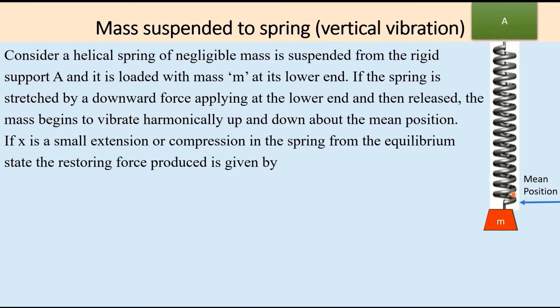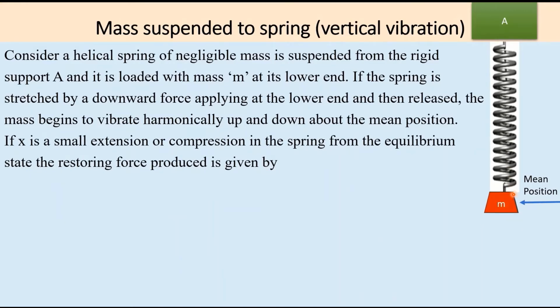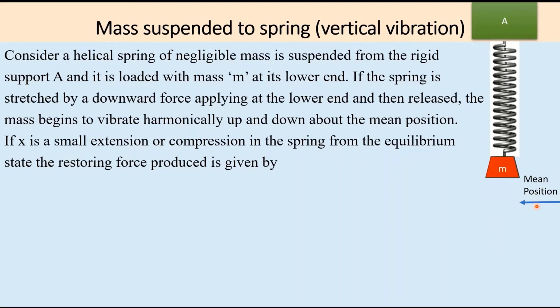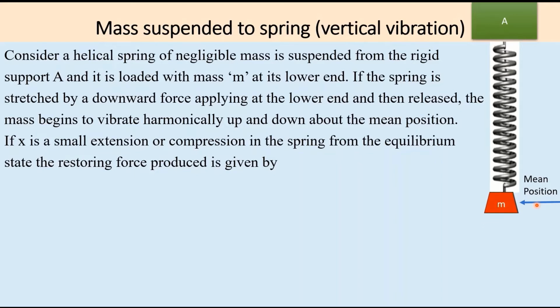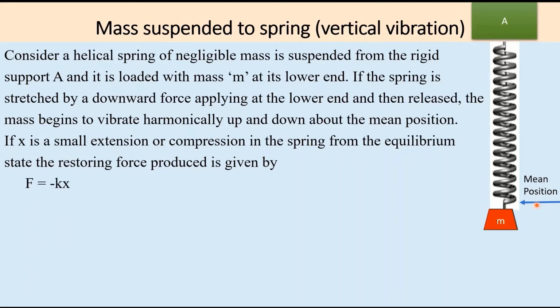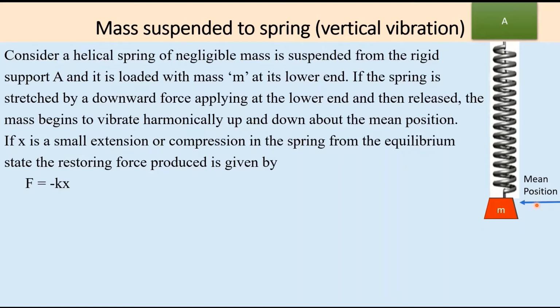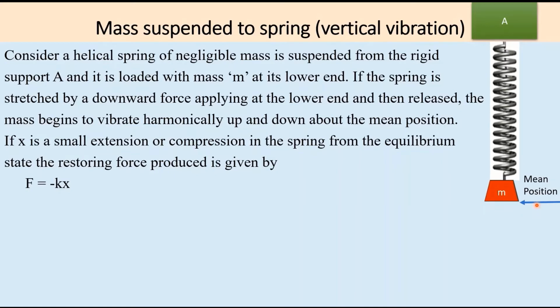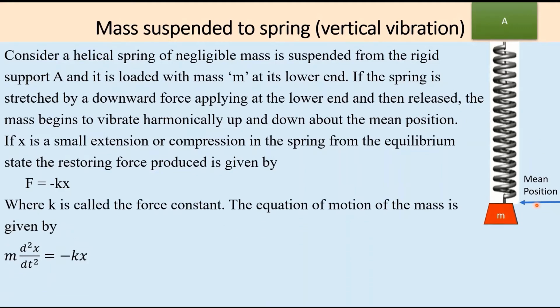If x is the small extension or the compression in the spring from the mean position here, then the restoring force produced in the spring is given by F is equal to minus kx, because restoring force is proportional to the negative of the displacement. That is, F is proportional to minus x, or F is equal to minus kx, where k is the constant called the proportionality constant or the spring constant.